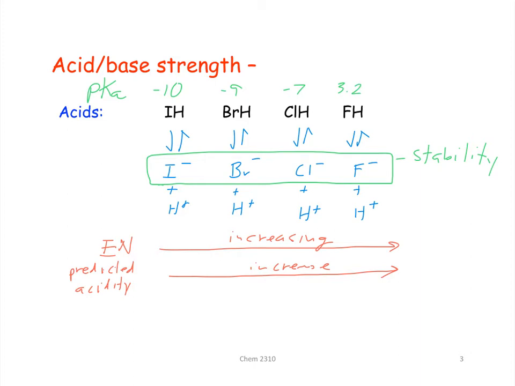So does this follow our predicted order? We're predicting that to the right would be more acidic. But look, HF has a much higher pKa, so this, in fact, is incorrect. And our acidity actually increases as we go this way.